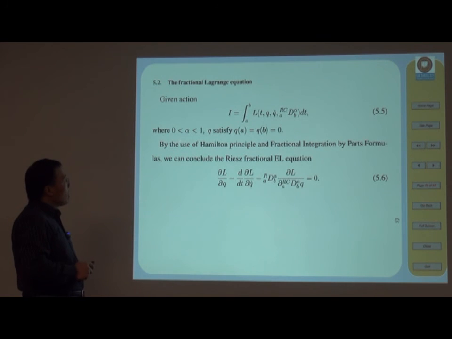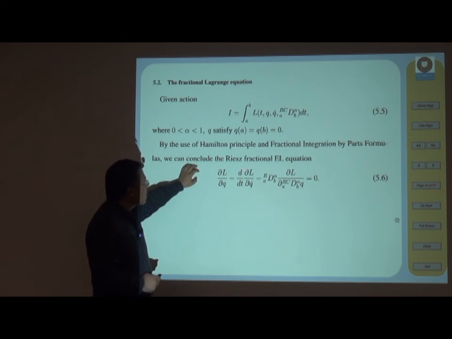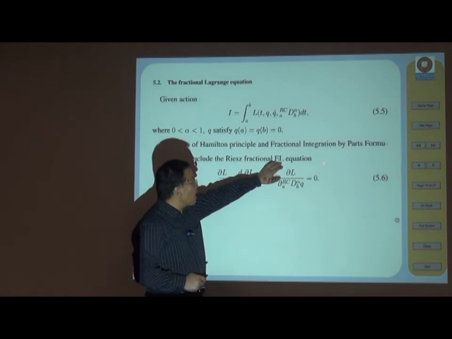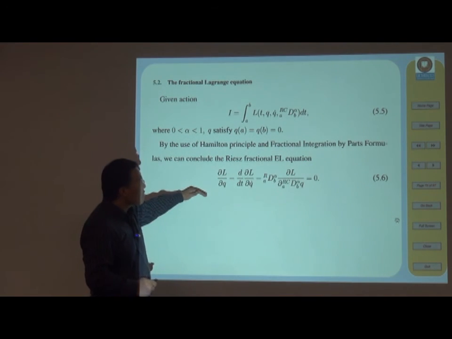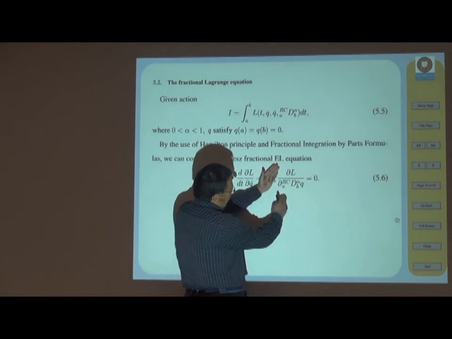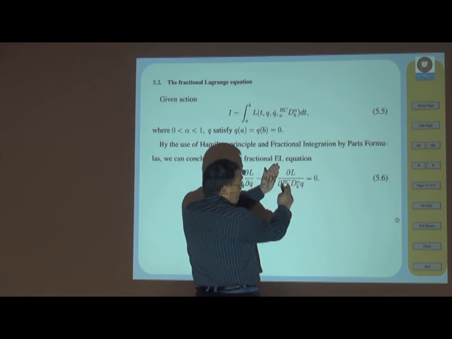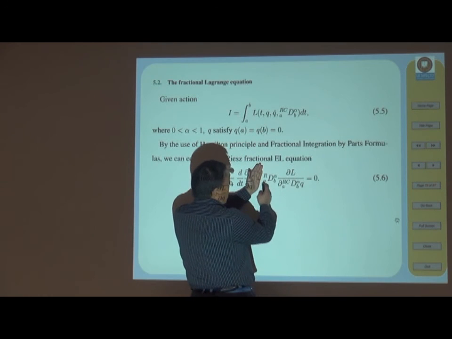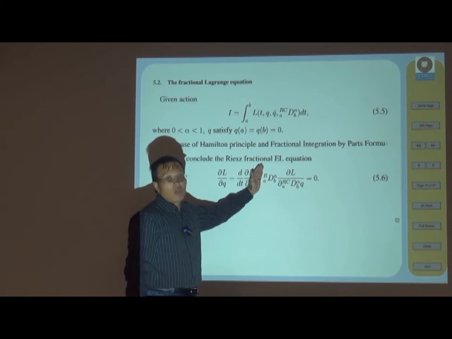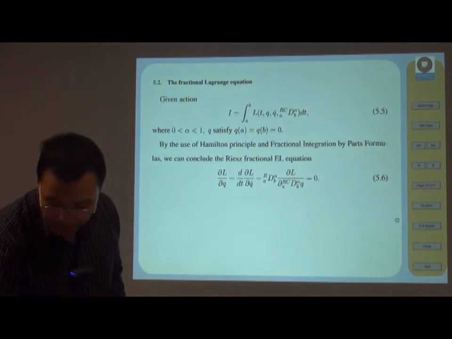And by the use of Hamilton's principle and the fractional integration by parts formula, we can conclude the Riesz fractional Euler-Lagrange equation as this. And you will find that here is the Riesz-Caputo fractional derivative, and here is the Riesz fractional derivative. It is also a composition.